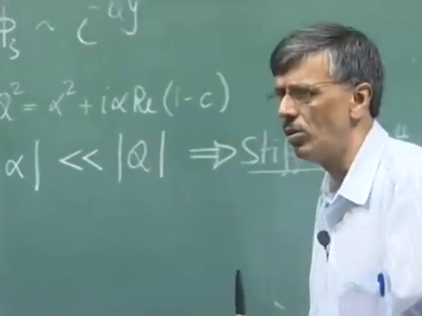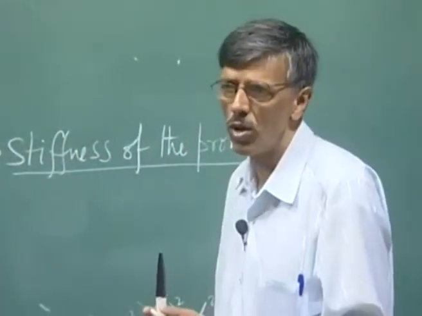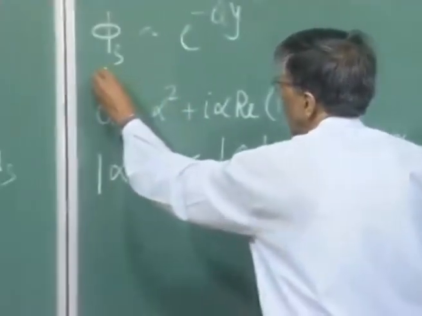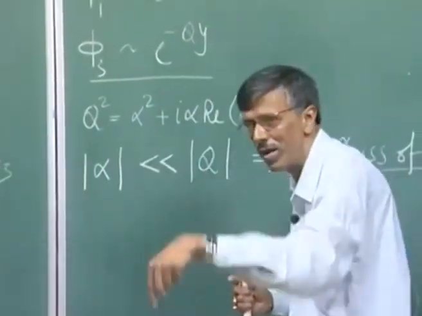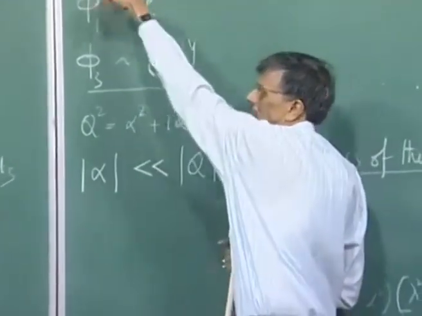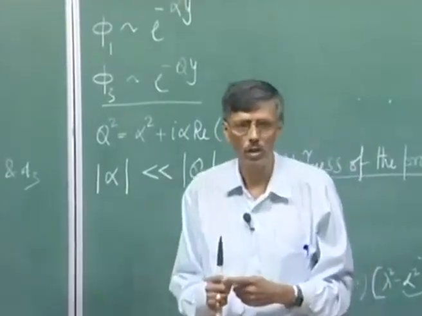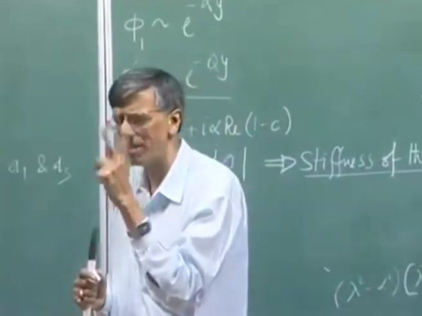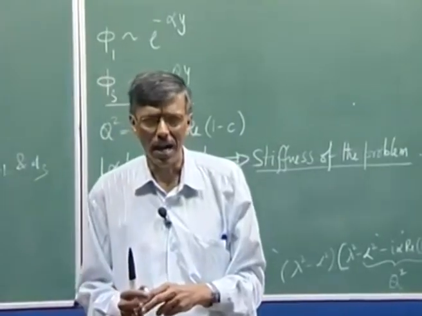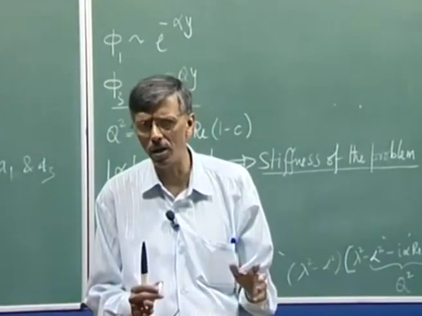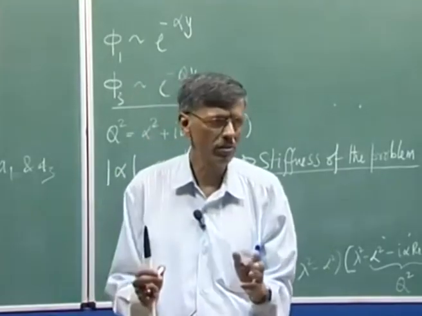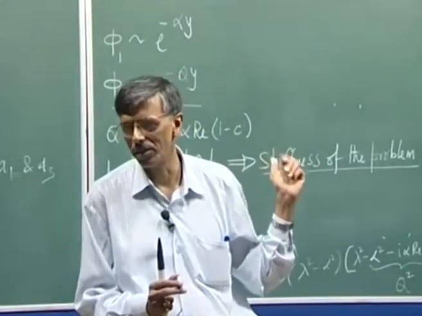As you come down, which one is growing more rapidly? This part, because now y is decreasing, right. As y decreases, this part will be overpowering that part. So, although you have two independent solutions, one seems to dominate over the other, and any background error, numerical error, tends to follow this, swamping the other component.